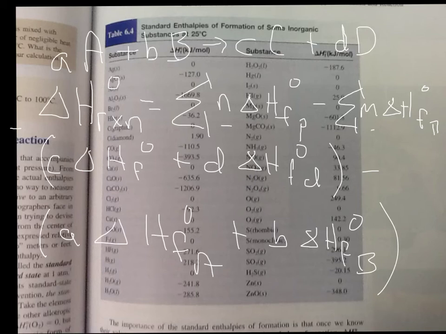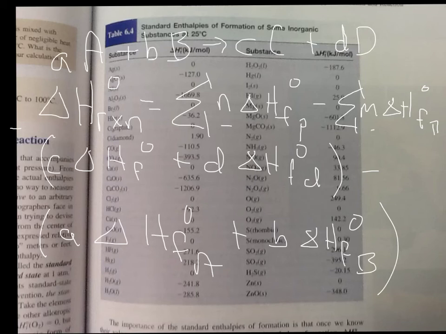So remember, heats of formation, like any other delta H, are technically measured in kilojoules per mole. So we have to multiply the value times the number of moles of that particular substance in the equation, which is the coefficient.